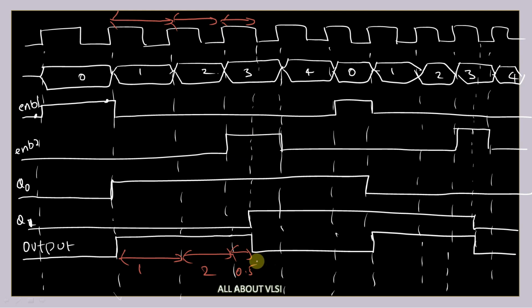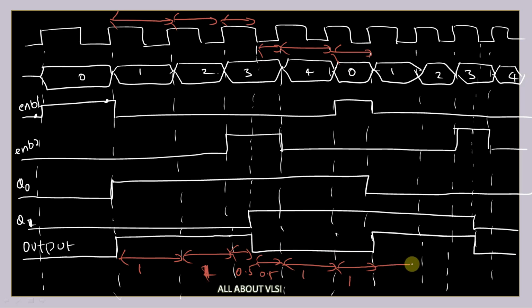And for next, this is my 0.5. And for next, from this positive edge to this positive edge, it is 1, and from this positive edge to this positive edge, it is 2. So for next 2.5 cycles, it is equal to 0.